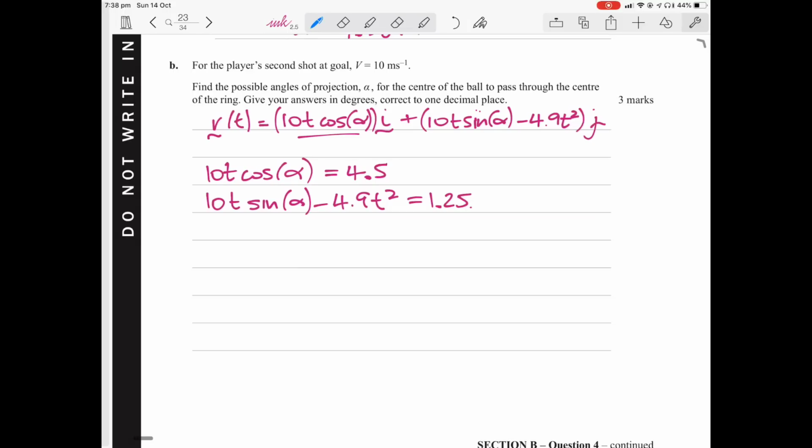Okay, so let's see if we can solve them on the CAS, because there's two unknowns.